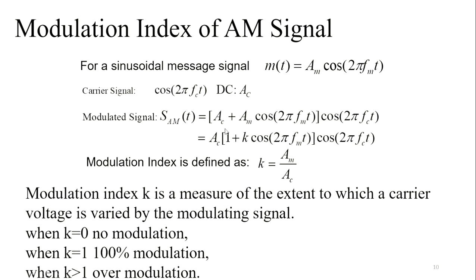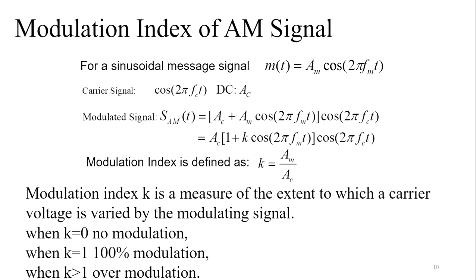So AC is the carrier amplitude, taken outside, 1 plus K, where K is nothing but the modulation index. The modulation index is the ratio between the modulating signal and the carrier signal. It is a very important parameter.